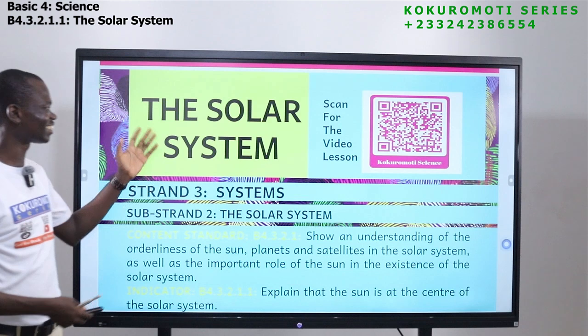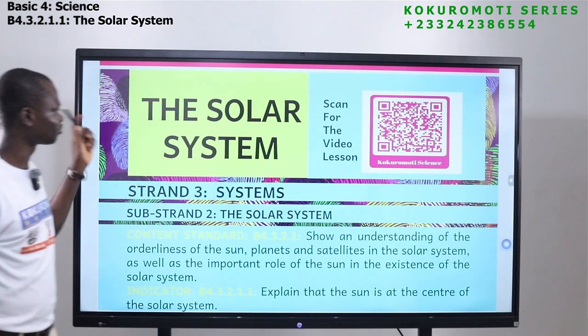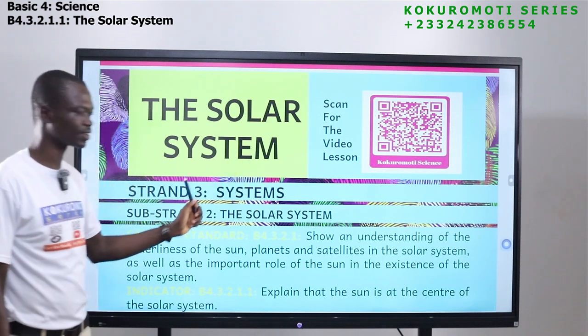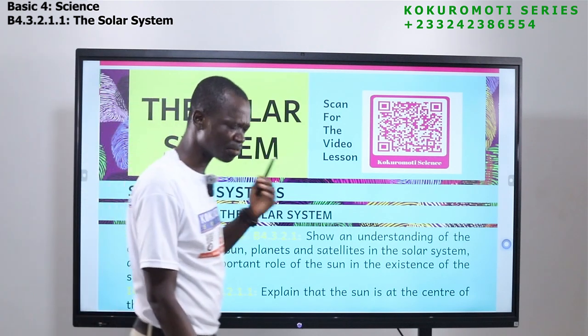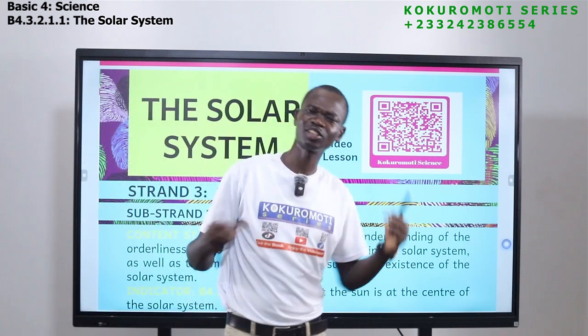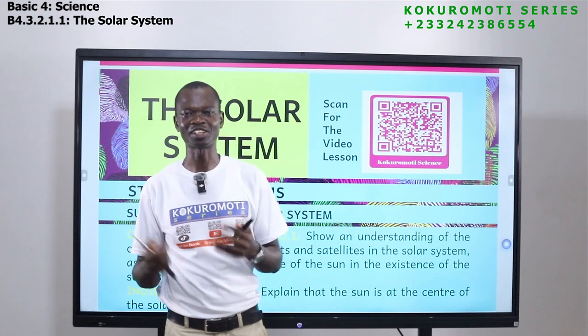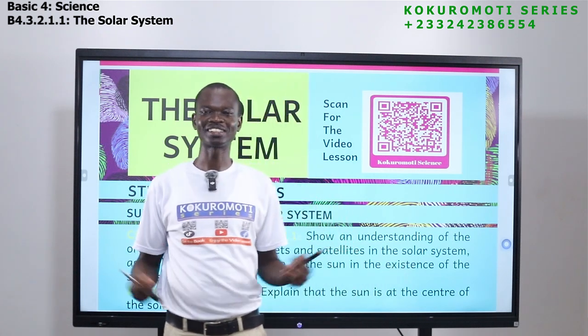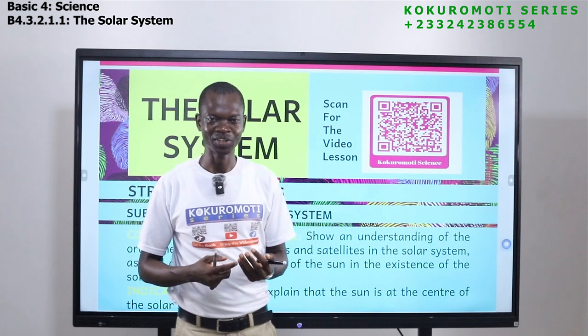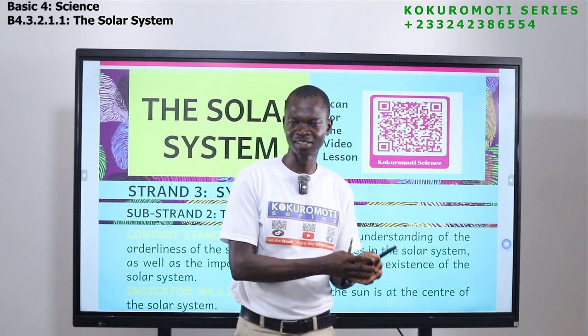Okay, so the topic for today's lesson is the solar system. We've heard about the solar system. We've been hearing it all the time. So when you talk of the solar system, what is it at all? You know what a system is.